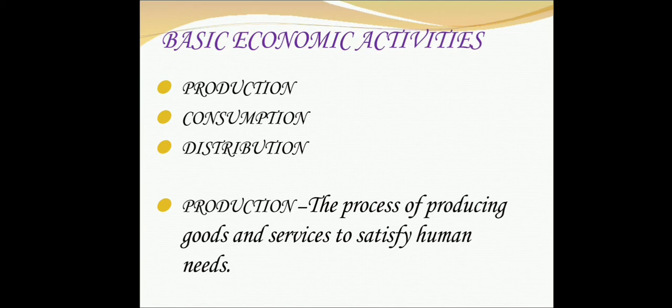He is growing crops for human beings. Take one more: a manufacturer. In a factory, clothes are made, and different things are manufactured. All those persons are known as producers because they are producing goods and giving their services to satisfy human needs. Okay.